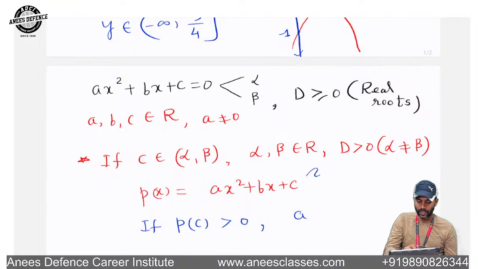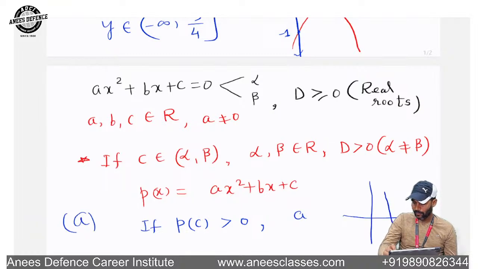There can be two types of graph, either a is positive or a is negative.